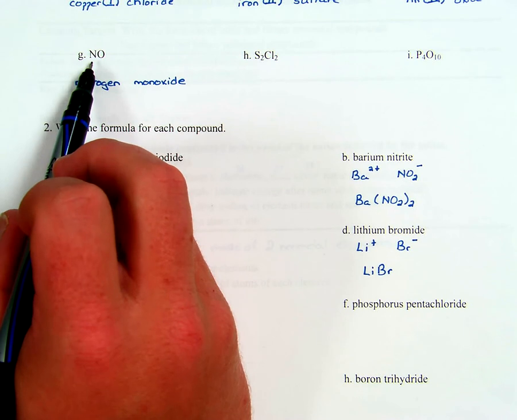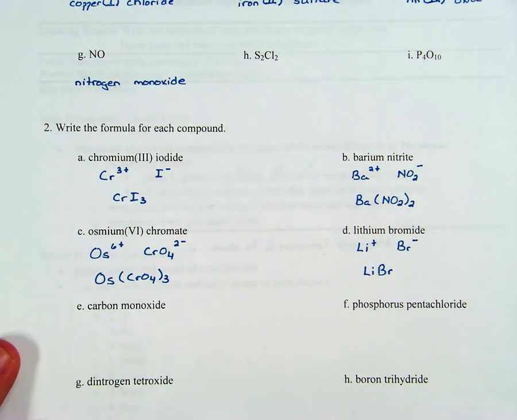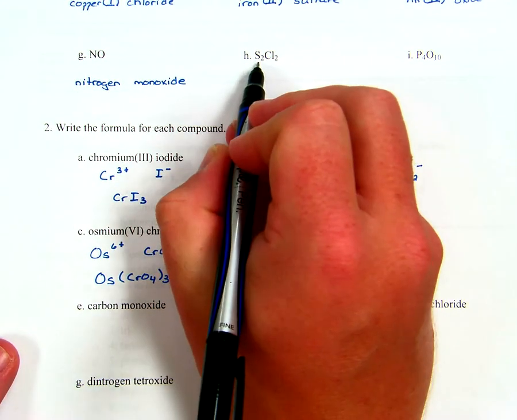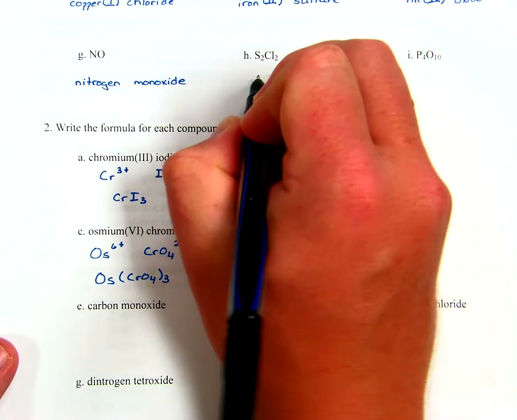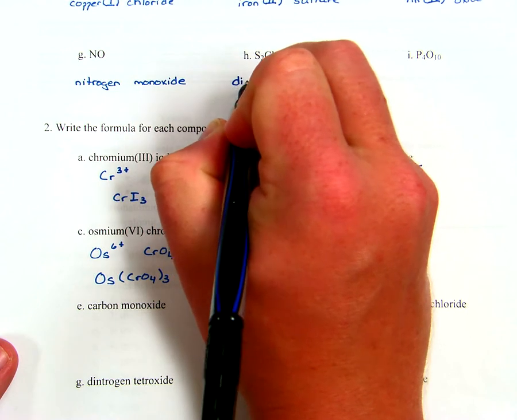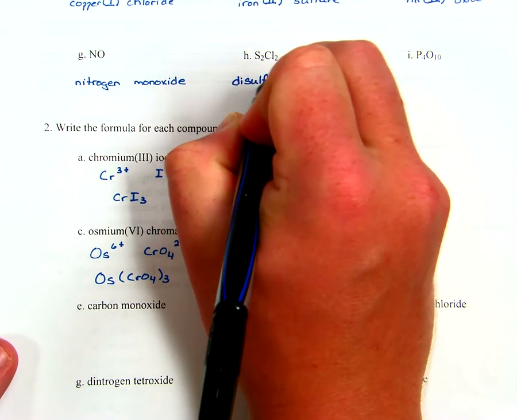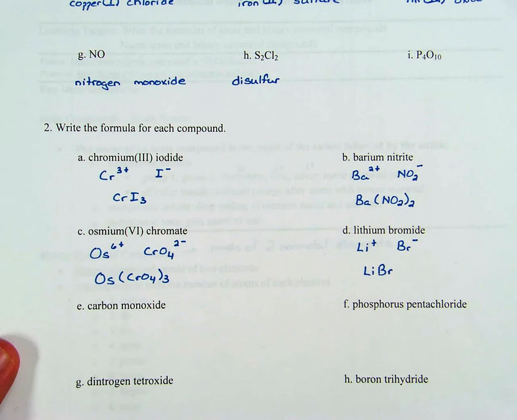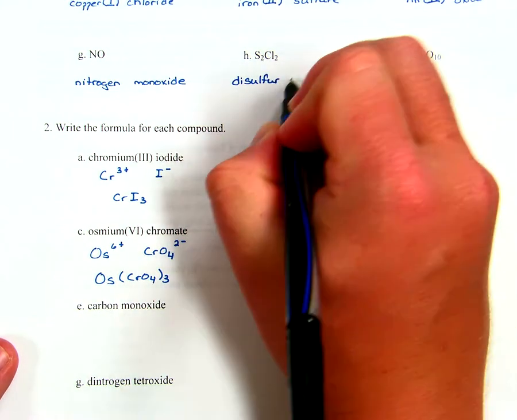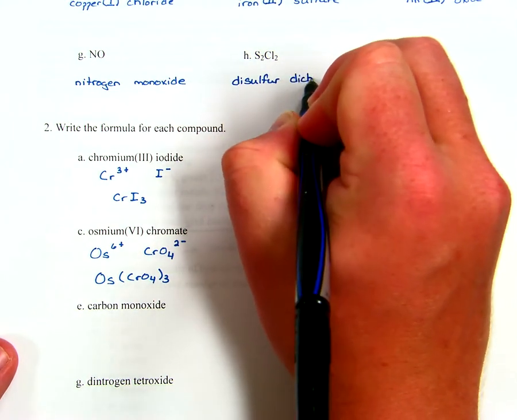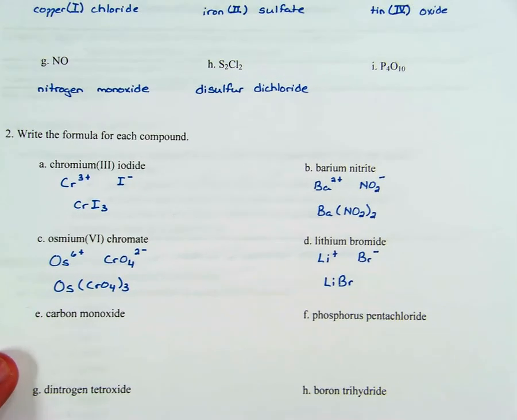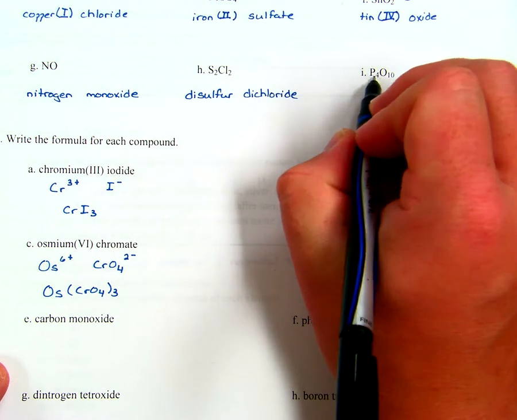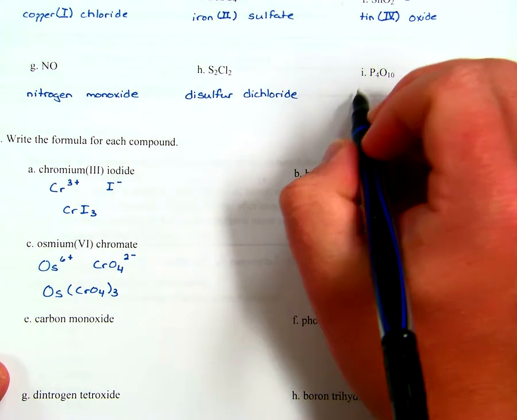If there's anything other than one atom, then we would put a prefix there. So if you look at this next example, we have 2 atoms of sulfur. The prefix for 2 is di. So I put disulfur would be the first word in the compound. And then I have 2 atoms of chlorine, so it would be dichloride. Alright, and then the last example we have here, P4, the prefix for 4 is tetra, so it would be tetraphosphorus.